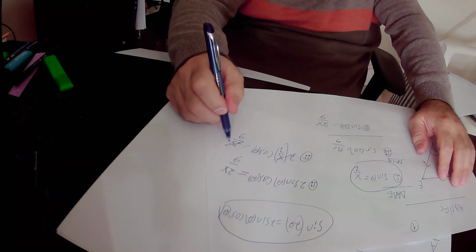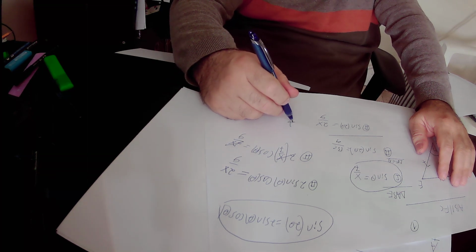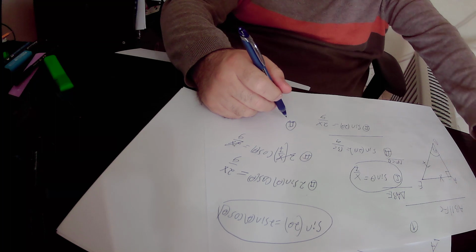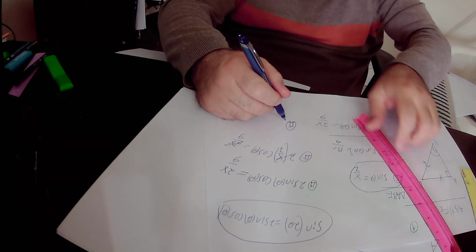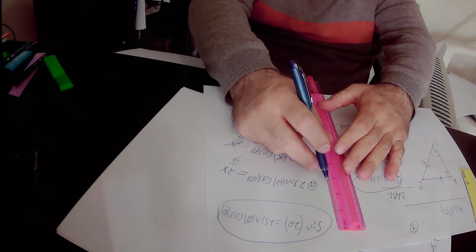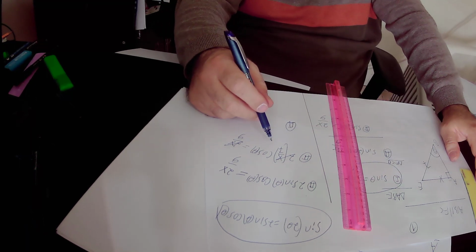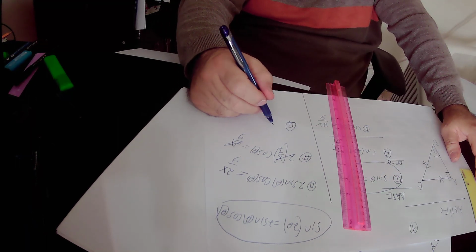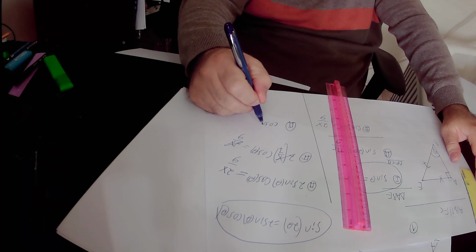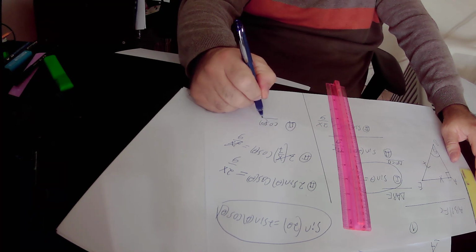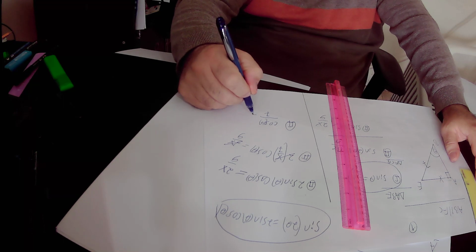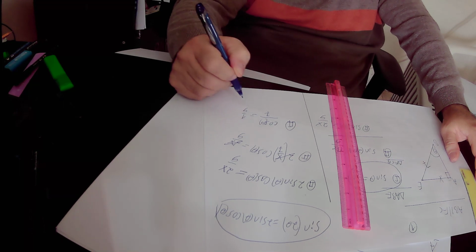And what is left from equation number 2 after we cancel 2x? On this side of equation number 2, we have cosine theta over 7 equals 1 over 9.